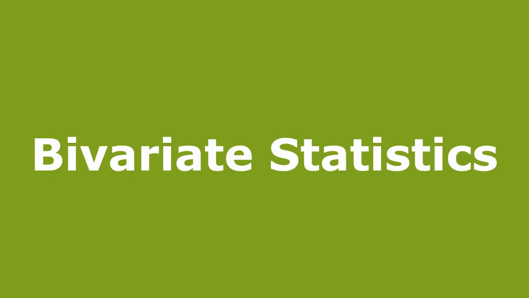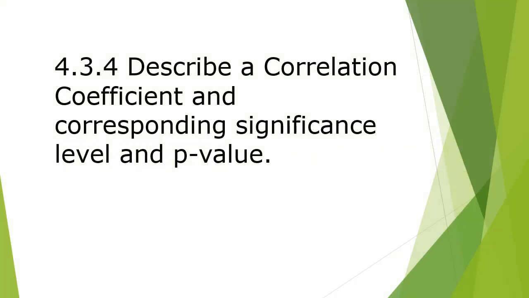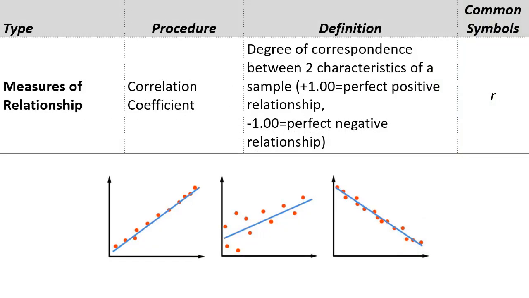All right, so let's spend a little bit of time here looking at bivariate statistics. Again, bivariate means that you're looking at statistics for two different variables together. Okay, so you should be able to describe a correlation coefficient and corresponding significance level or p-value.